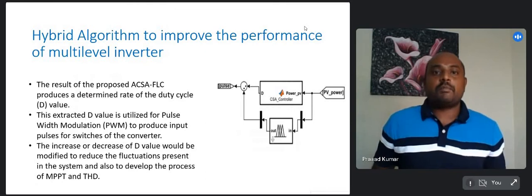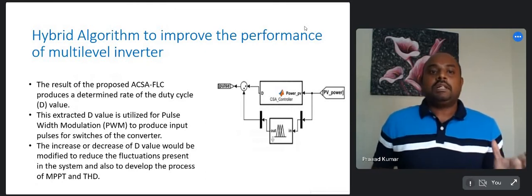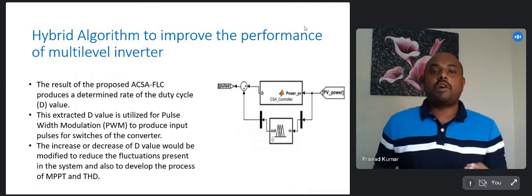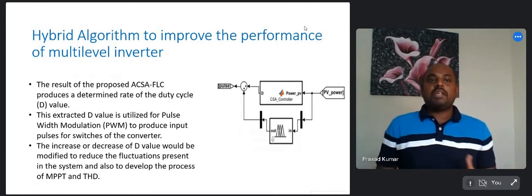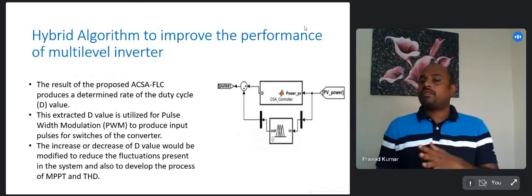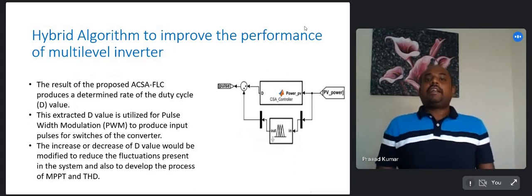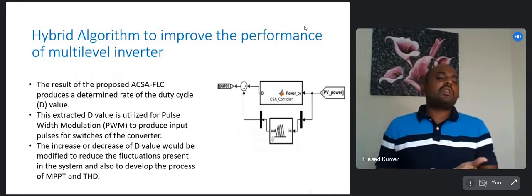The result of the proposed algorithm produces the determined value of the duty cycle. This extracted duty cycle value is utilized by the pulse width modulation to produce input pulses for the switching of the converter. This increase or decrease would be modified to reduce the fluctuation present in the system, and also improve the maximum power point process and reduce the total harmonic distortion.